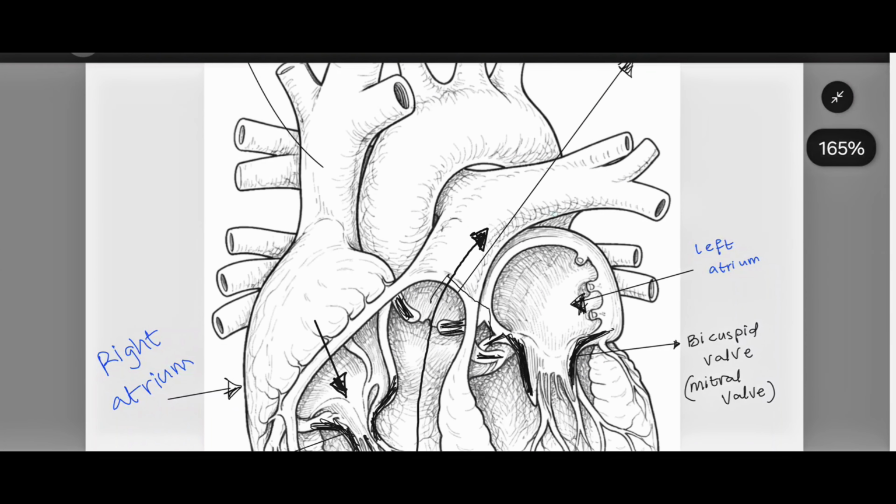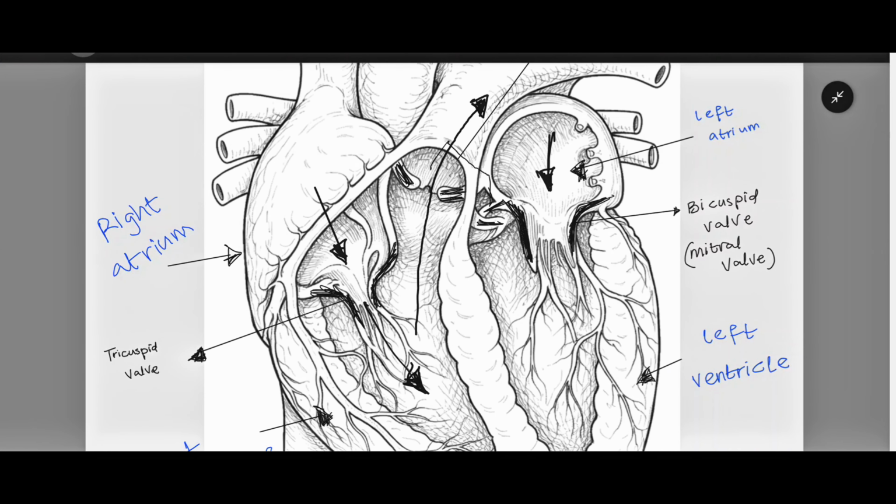The pulmonary artery takes the blood out to the lungs to pick up oxygen, and then it comes back in via the pulmonary vein into the left atrium.